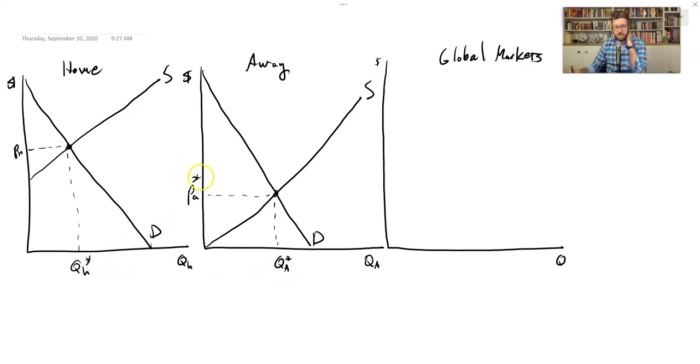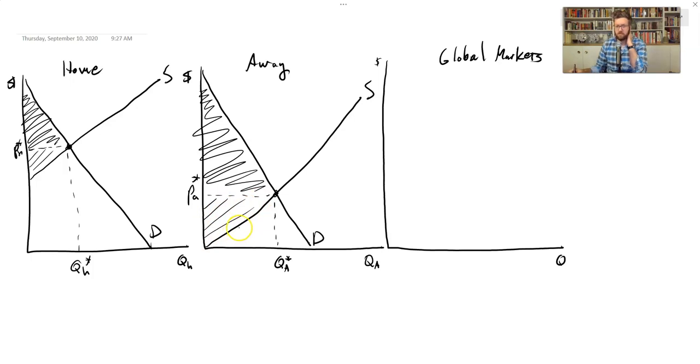Then we can also do their consumer surplus, which is this area up here, and the producer surplus is this area here, which I'll shade in a little differently. And in away, there's a much larger consumer surplus, and also a similarly sized producer surplus. Okay?